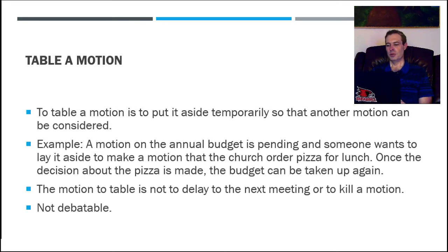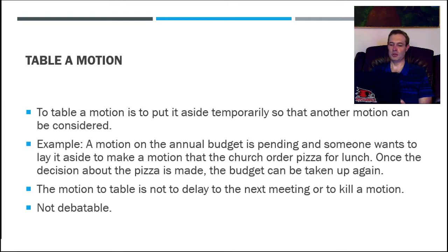So because we want to make that motion, we make a motion to table the annual budget. That will allow someone to make the motion to order pizza, which if it's approved, someone orders pizza, and then you would pick up the motion on the annual budget again.